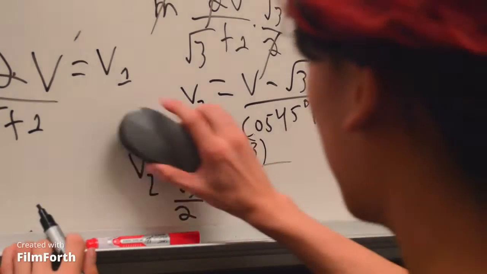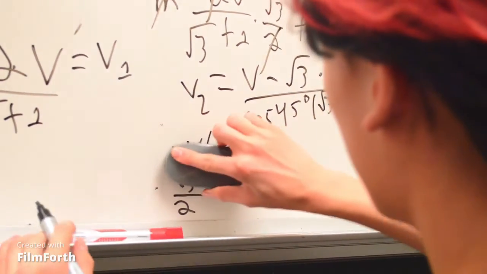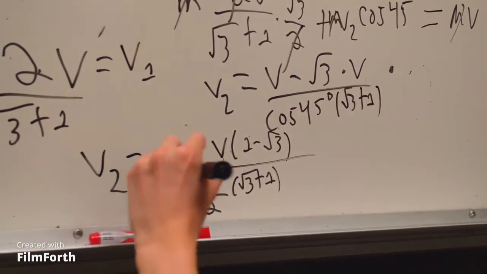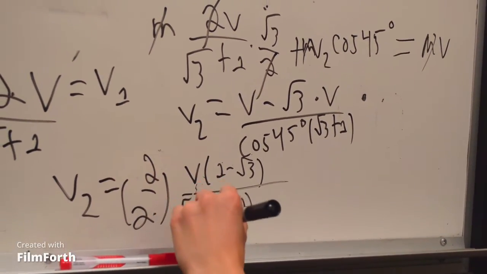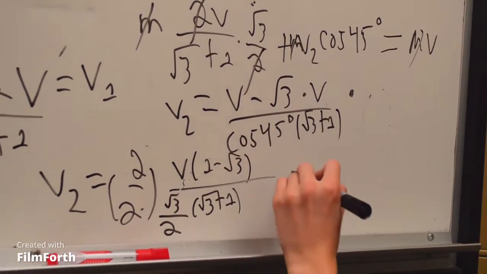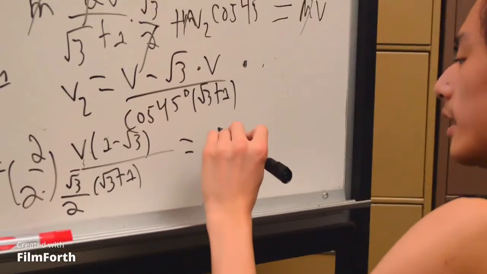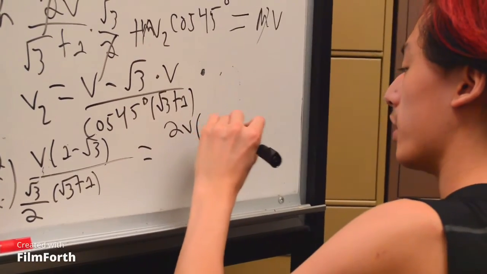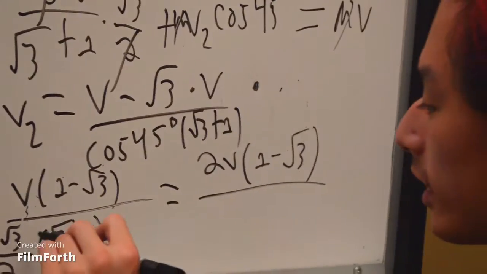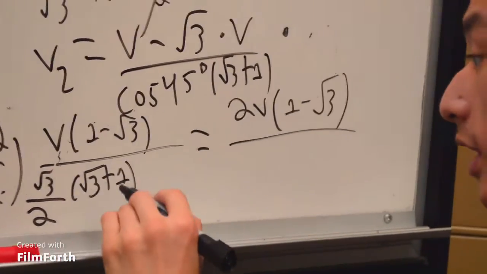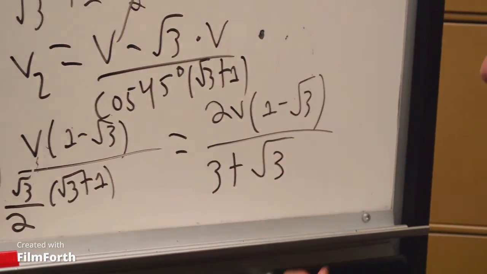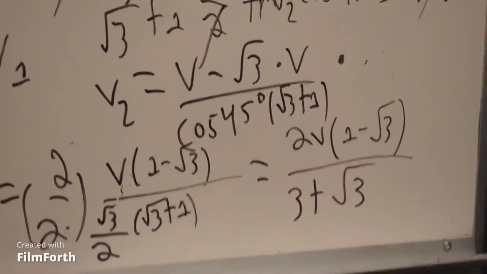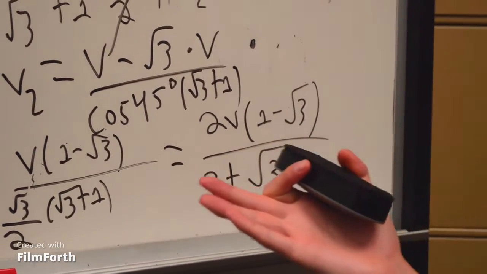What we can do is multiply both sides by 2 over 2. The reason is, the 2's will cancel out on the denominator and we'll get 2 on top, therefore getting rid of the complex fraction. So then we get 2v multiplied by 1 minus root 3, we're not going to factor out the negative this time, it's unnecessary, divided by, distributing, 3 plus root 3. And this is our final velocity for the second object.